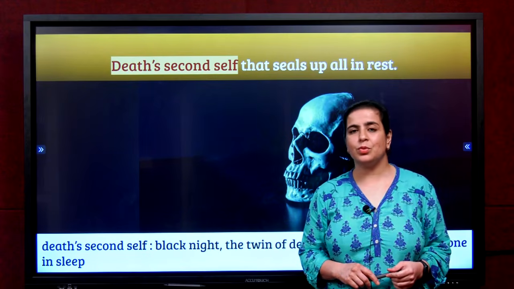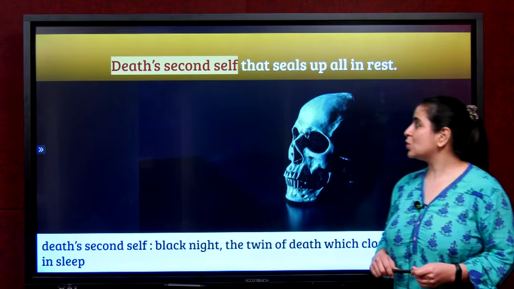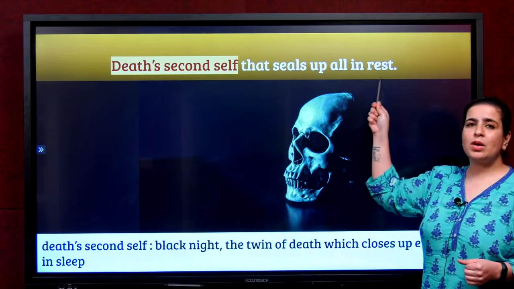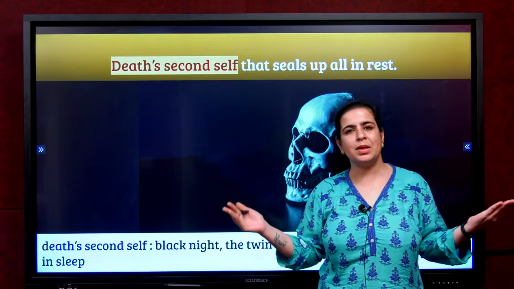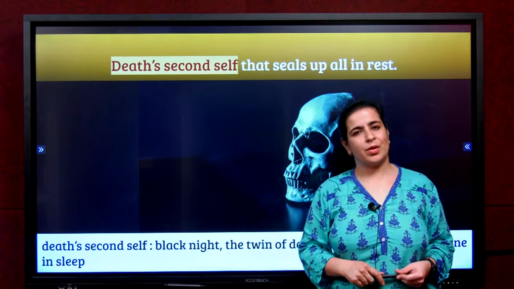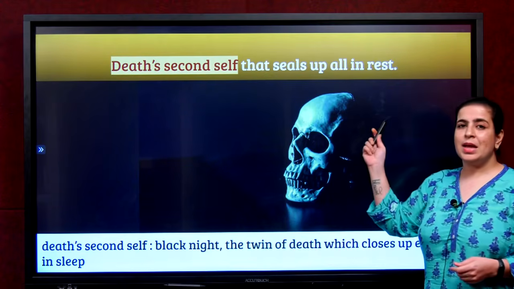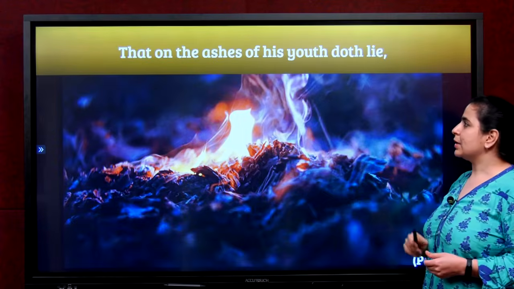Do you get up? No, you do not wake up. Once you sleep, you are asleep forever. So it seals up all in rest. It closes everything, your relationships, your family, your love, everything closes completely forever. This is what he wants to say. It's the end of the day, that when death comes in, everything ends.